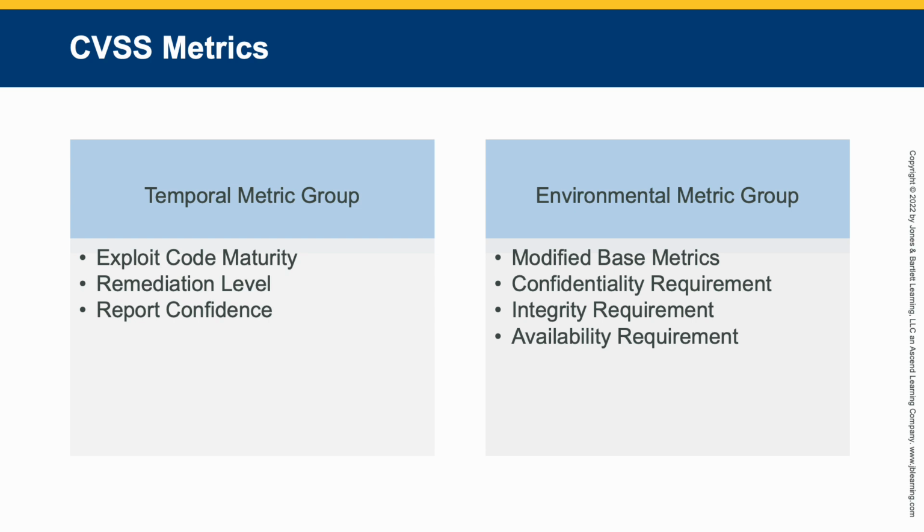The environmental metric group encompasses a set of metrics used to evaluate the environmental conditions and impacts associated with an organization's operations, facilities, and supply chain. These metrics help assess the organization's environmental performance, sustainability, and compliance with relevant regulations.